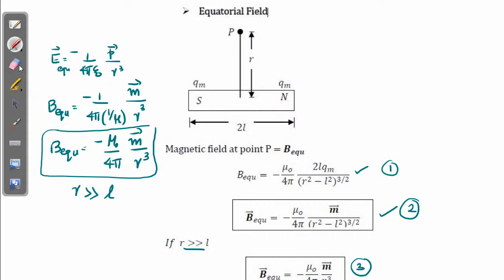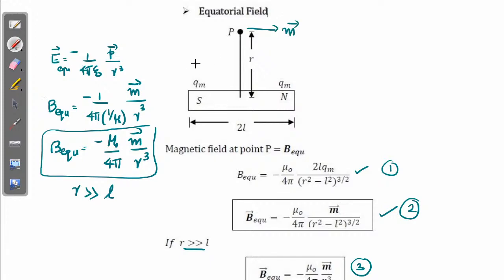Now, what is the conclusion that you have to make here? Here the magnetic field at the equatorial point is opposite to the direction of magnetic moment. What is the direction of magnetic moment? The magnetic moment is always directed from south pole to north pole. So at point P, this will be the direction of magnetic moment.